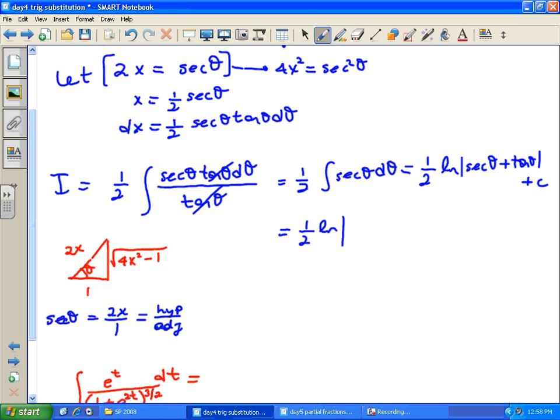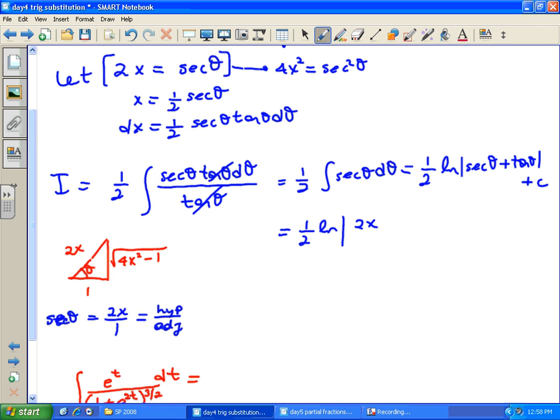Hypotenuse is 2x. That's what I have up here, right? And adjacent is 1. If you label this angle as theta, that's the hypotenuse, and that's the adjacent side, right? And the third side, of course, we get from the Pythagorean theorem. Now I need to know, based on the previous step, secant theta. Well, we already know secant theta, right? What was secant theta equal to? 2x.